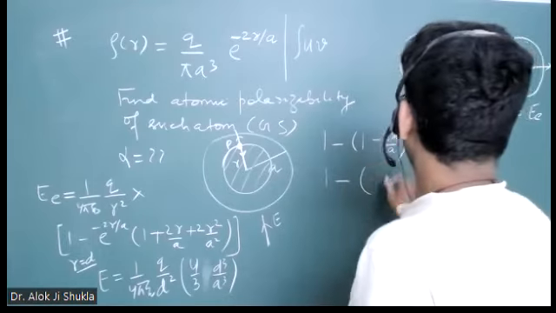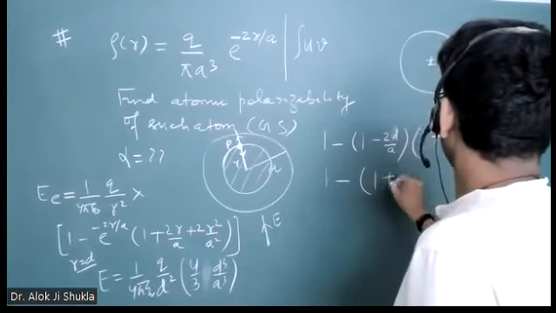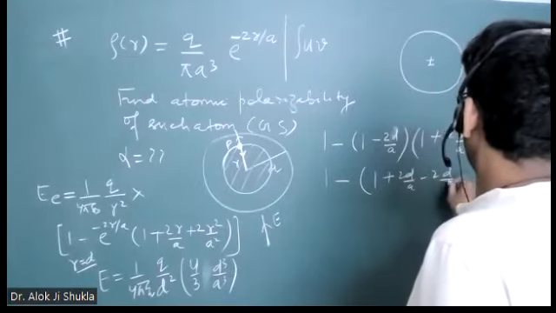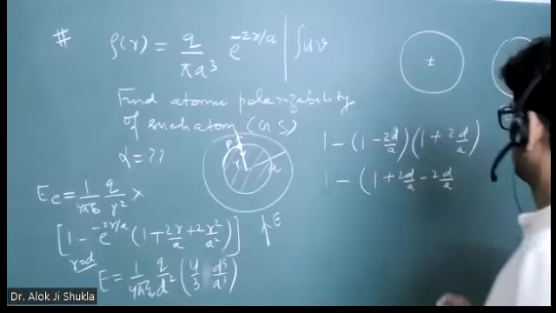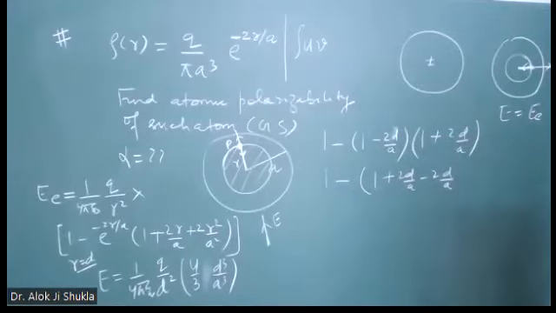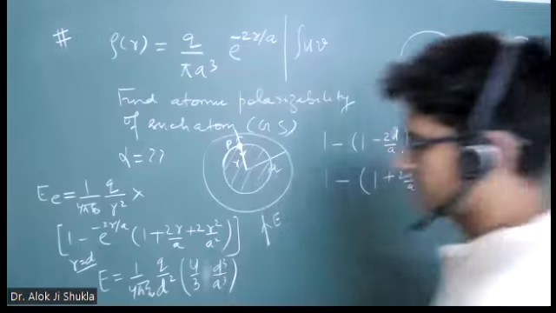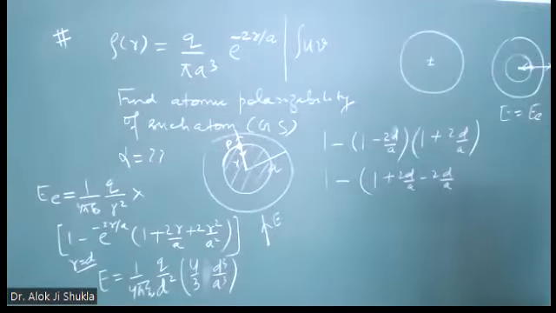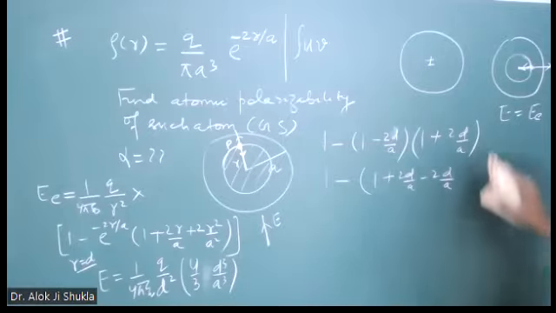So it will become 1 minus 1 plus 2d by a minus 2d by a. And one more term we will have to take, no? Otherwise nothing will come out. Yes sir, we will have to take one more square term.